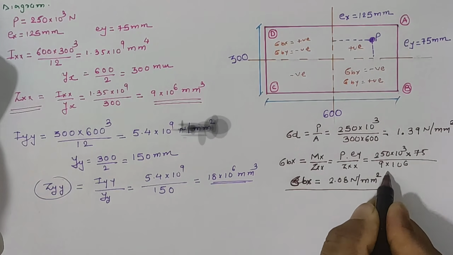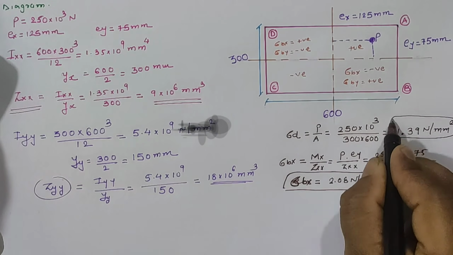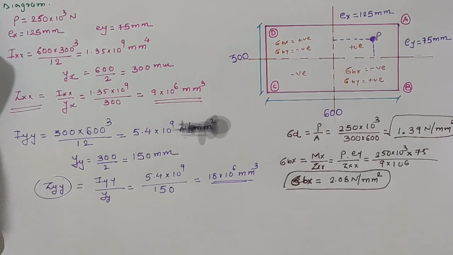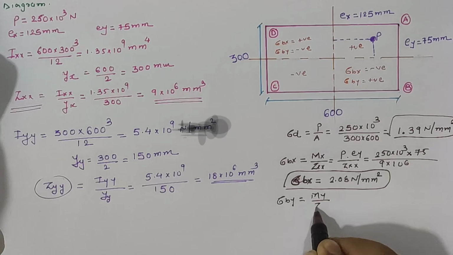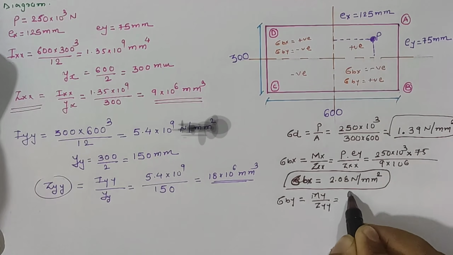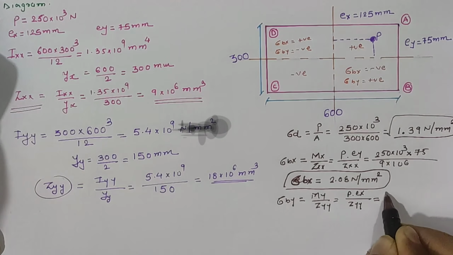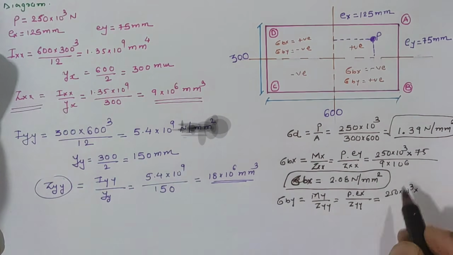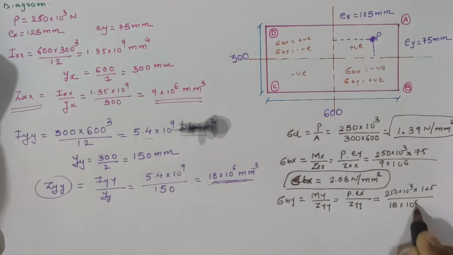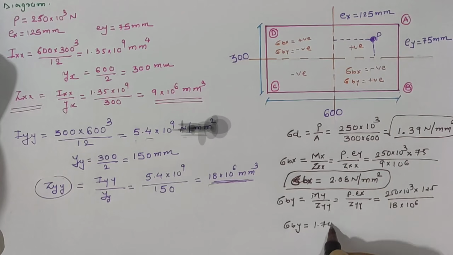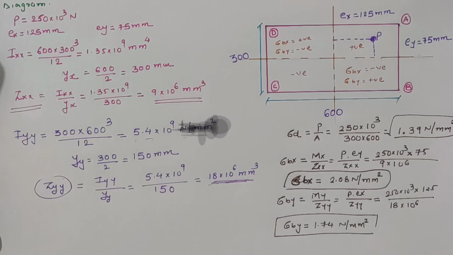Hence our sigma Bx is 2.08 Newton per mm square, sigma D is 1.39 Newton per mm square, and sigma By is equal to My by Zyy, and My is P into Ex divided by Zyy, so our sigma By is 1.74 Newton per mm square.